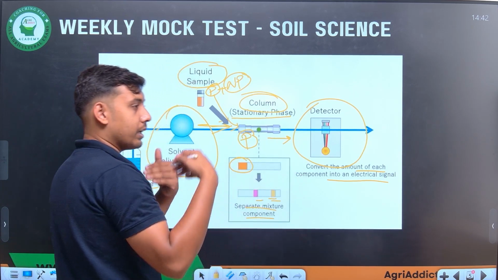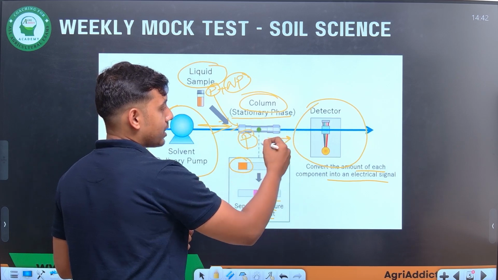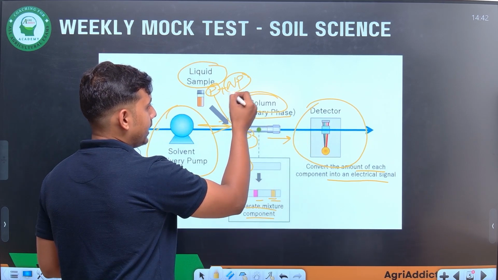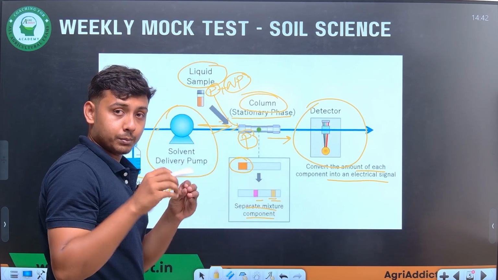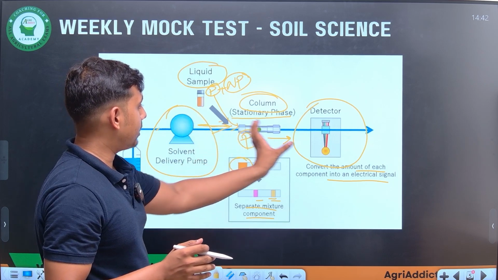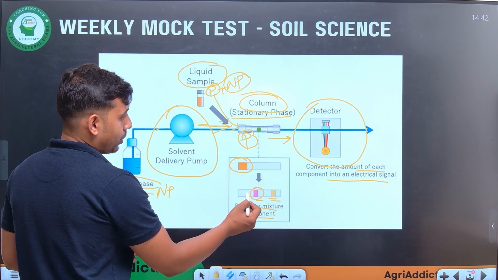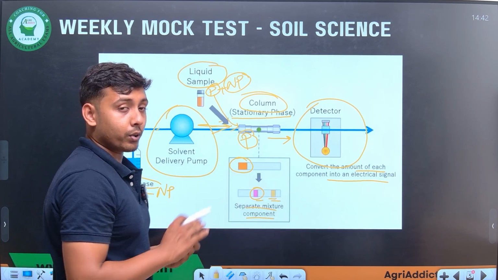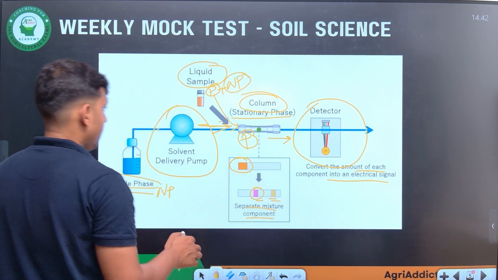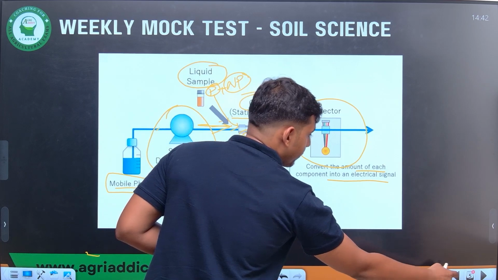Elute means it will go out of this system first, because polar will attract polar most and the non-polar will get less attracted. That means the nearer band will be polar, the farther band will be for the non-polar components. So this is the normal phase.